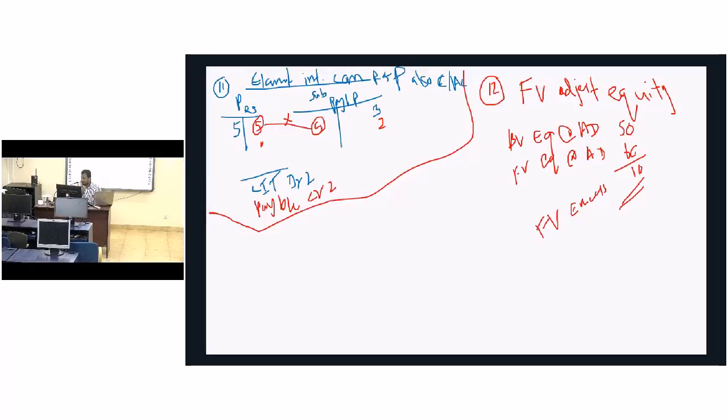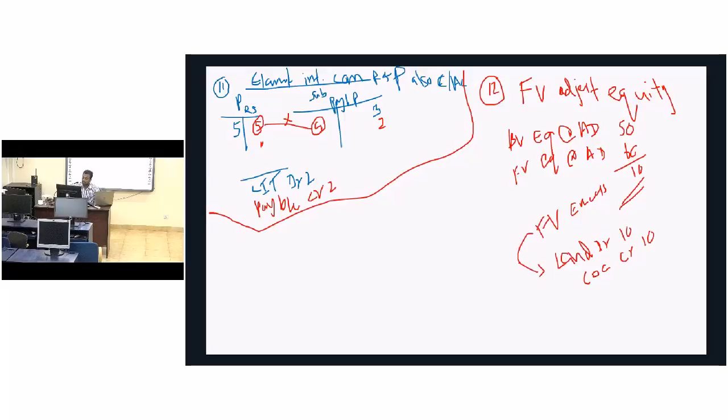So this difference, let's assume it arises as a result of non-depreciable land, how do you account for this? Land account debit 10 and cost of control credit 10. Remember, that is if it is non-depreciable land.